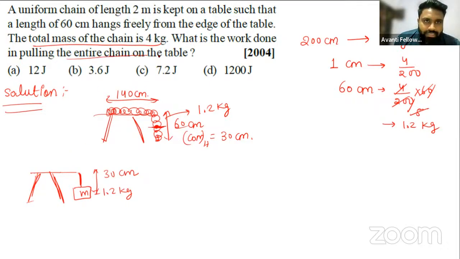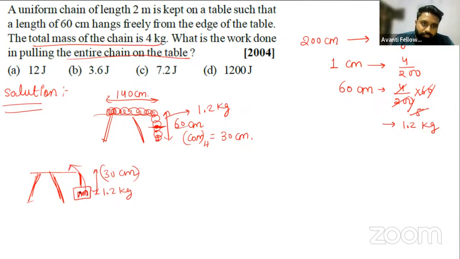You have to pull the entire chain onto the table, which means you have to pull this block to the table, which means you have to cover at least a distance of 30 centimeter. Got it? Now, what is the force that you have to apply? You must apply a force greater than the mass hanging downward.